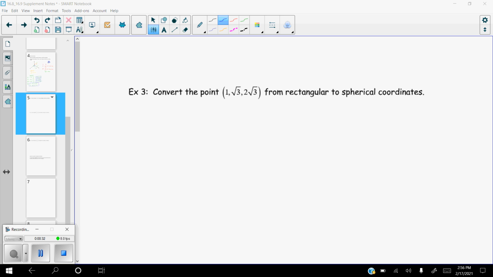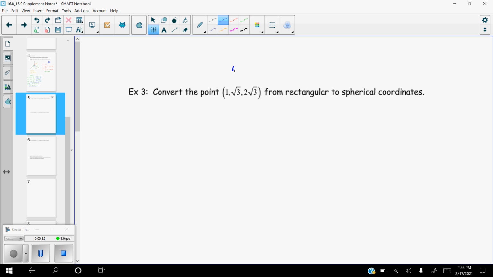coordinates. So the first one says, convert the point 1, square root of 3, 2 square root of 3 from rectangular to spherical. Until you really get the hang of this, and obviously I expect you're probably going to be using the formulas for now, it still helps to write, okay, what are we doing here?